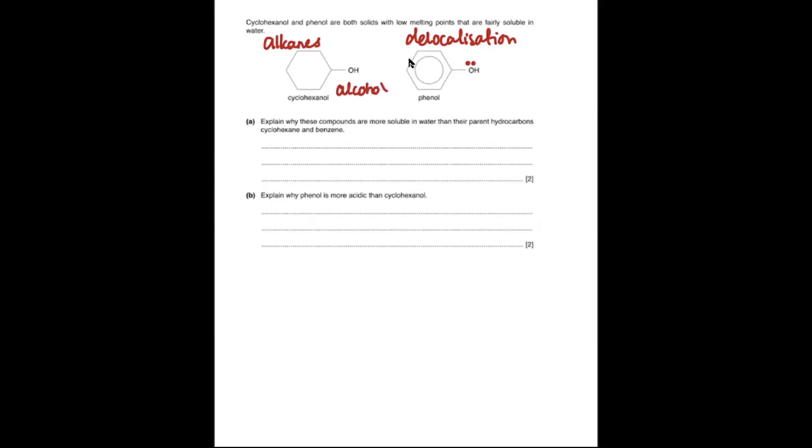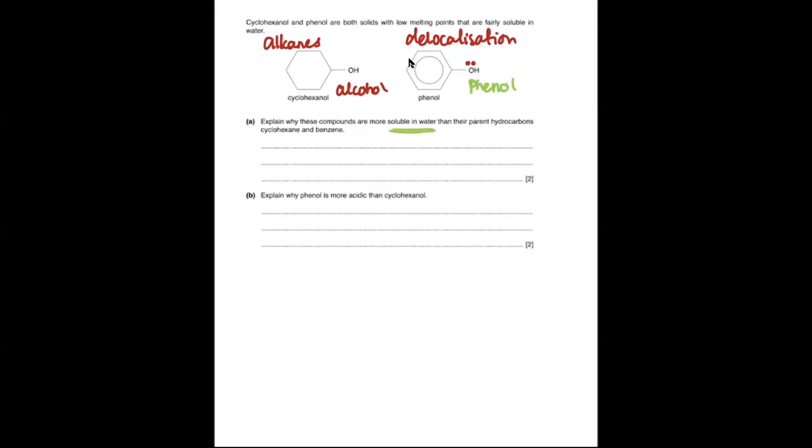Okay, as for the other, you have a phenol. So you have both the phenol and the arene or the benzene functional group in that structure. Okay, so explain why these compounds are more soluble in water than their parent hydrocarbon cyclohexane.